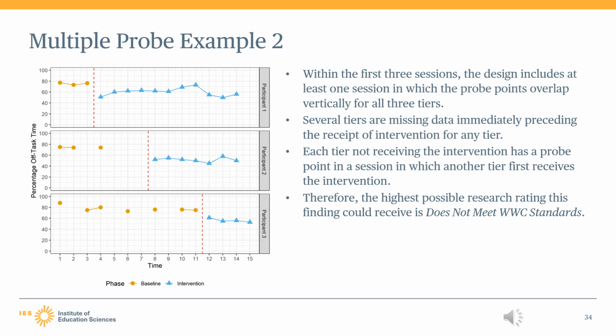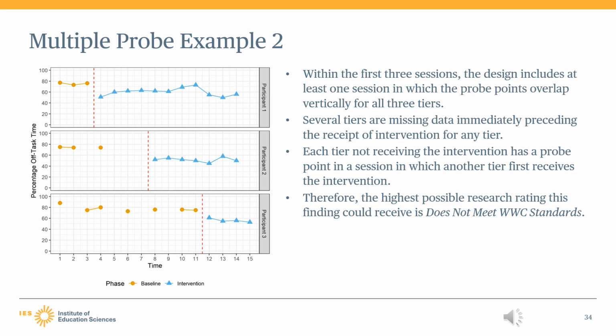Tier 2 also does have a data point at time 7, immediately preceding the intervention for that tier. And Tier 3 is also missing a data point at time 7, the time point immediately preceding the intervention for Tier 2. Finally, each tier not receiving the intervention has a probe point when another tier first receives the intervention.